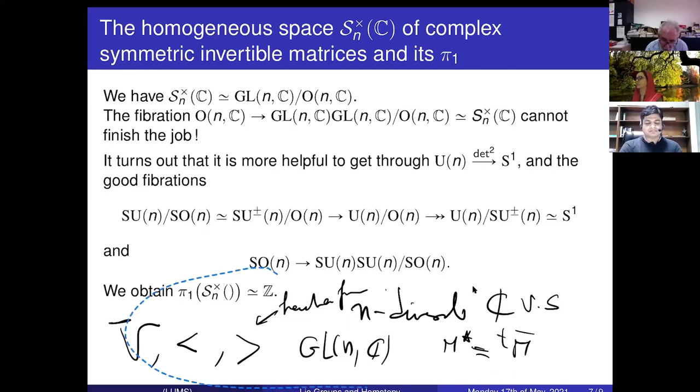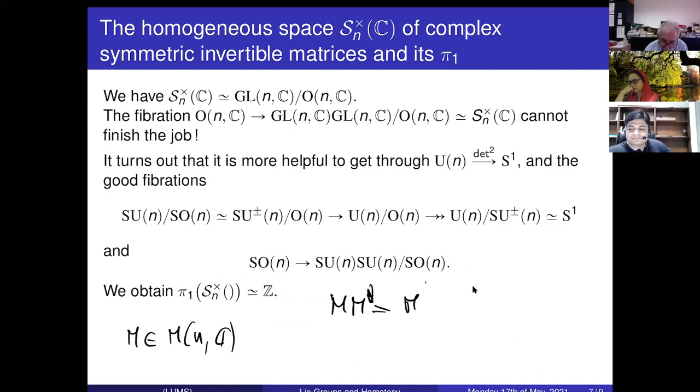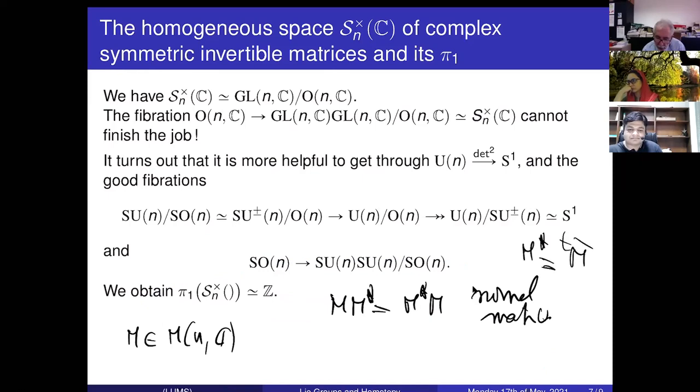If you take these matrices M, if M commutes with its adjoint, M star is the transpose of M bar, we call it a normal matrix. And these matrices can always be reduced to a diagonal form.